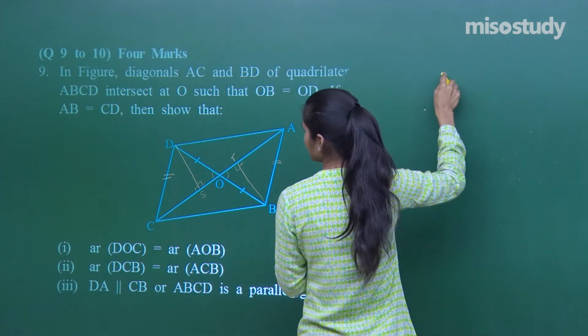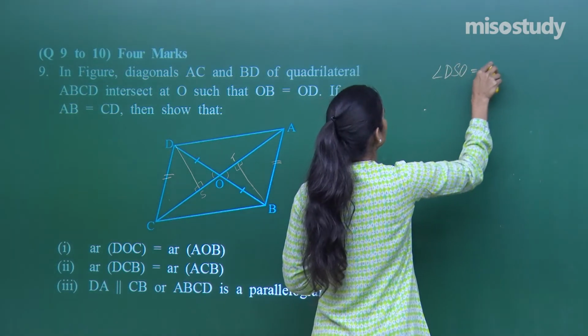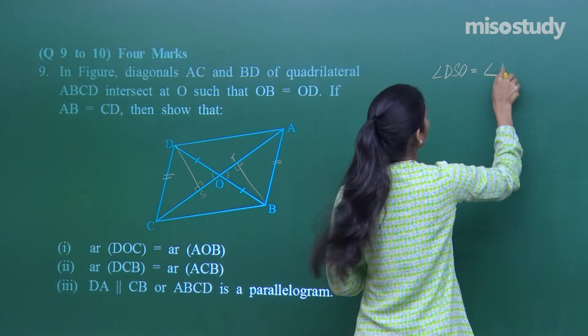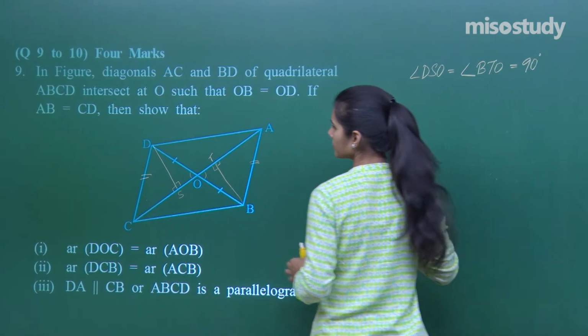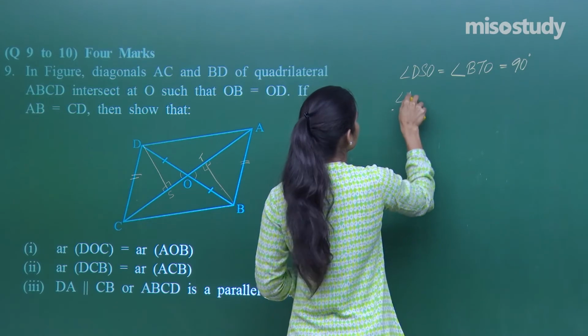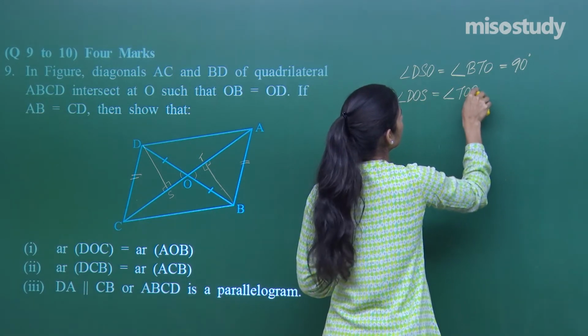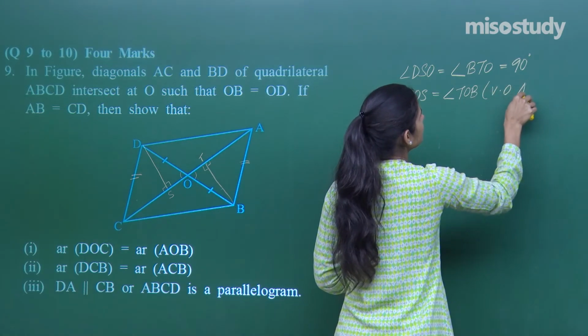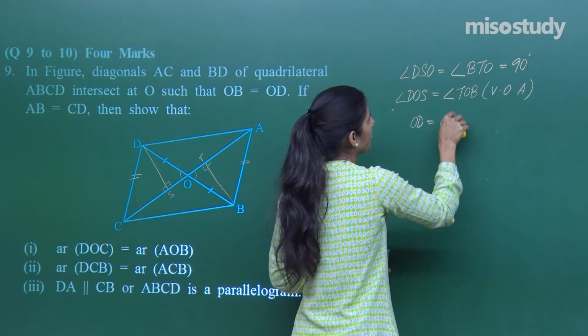So I say that angle DSO is equal to angle BTO, 90 degrees by our construction. Angle DOS is equal to angle TOB, vertically opposite angles, and OD is same as OB, that is given to you.